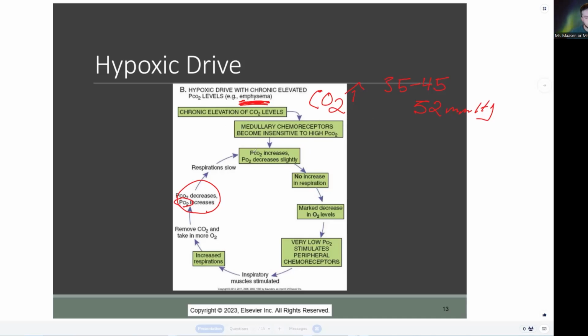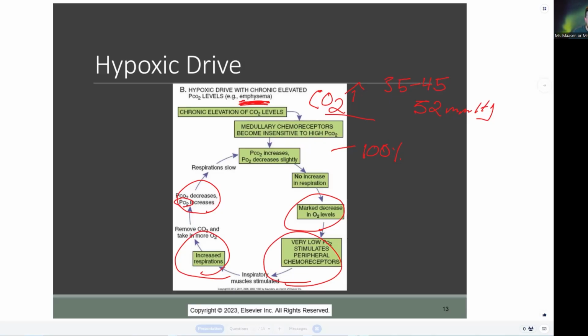And this is where I'm talking about the need to know. With people that have chronic lung diseases like emphysema, chronic bronchitis, sometimes because of these elevated CO2 levels, it's bad to give them high, like 100% oxygen, like with a non-rebreather mask, where it's giving the max amount of O2 we can give somebody, because their body is basically saying, I'm getting enough O2, so I don't need to increase my respirations.